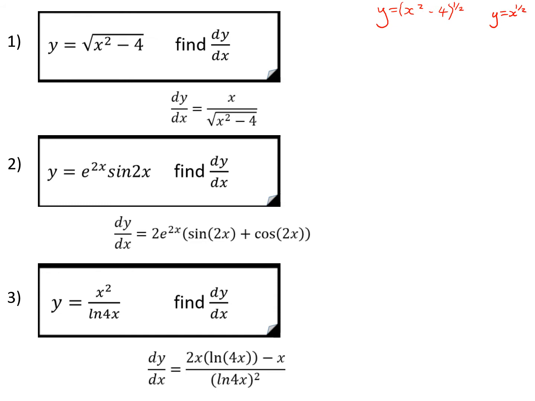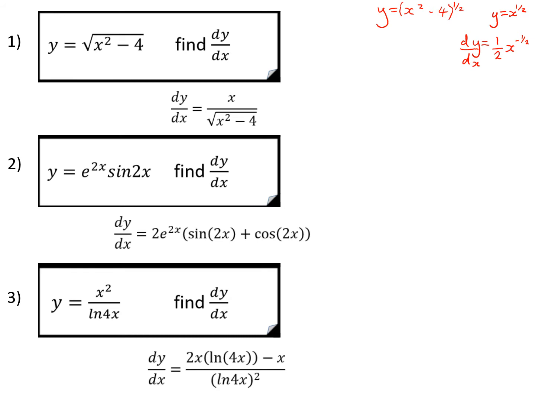If you differentiate x to the power of a half, you bring down the power and reduce it by 1. So this differentiated would become a half x, then reduce the power by 1: minus a half. So if this was just x, we'd get a half x to the power of minus a half.